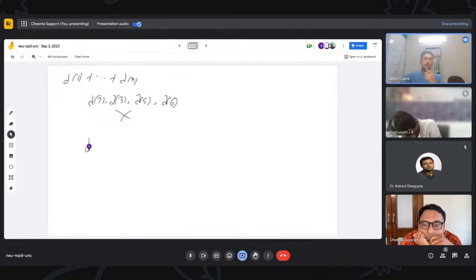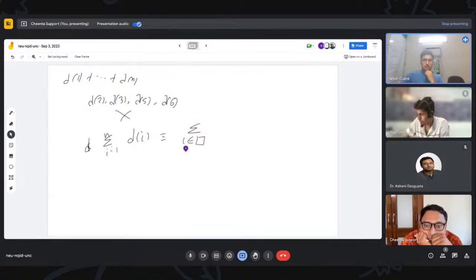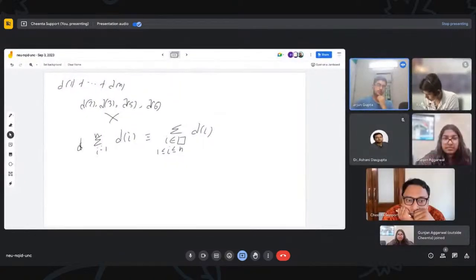We get that the summation of di from i equal to 1 to n is congruent to the summation of di over i a perfect square, 1 less than or equal to i less than or equal to n. The reason is that at non-perfect squares the values of d are even, so they can be ignored when looking at parity.